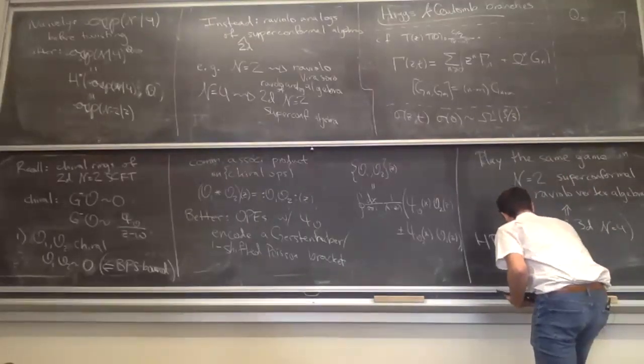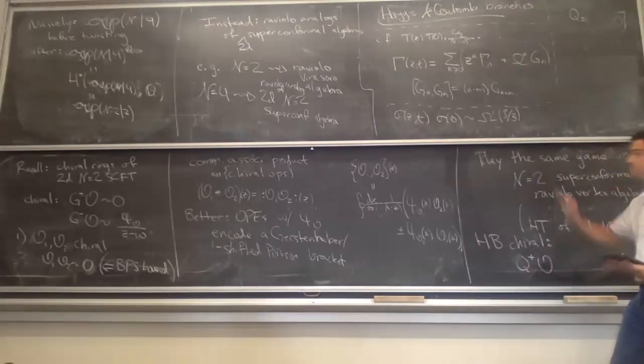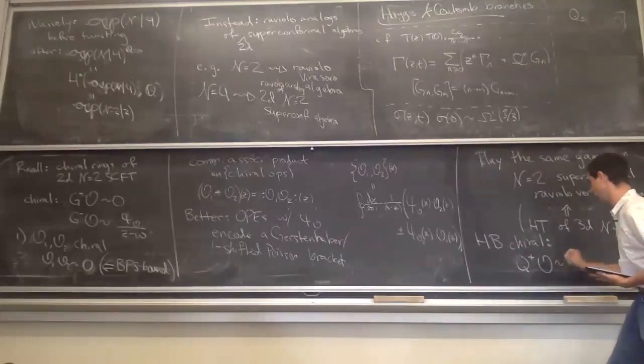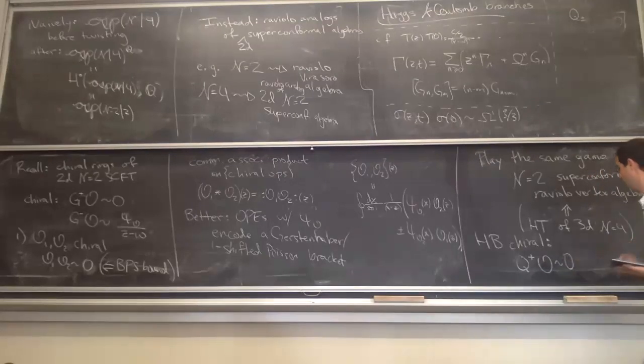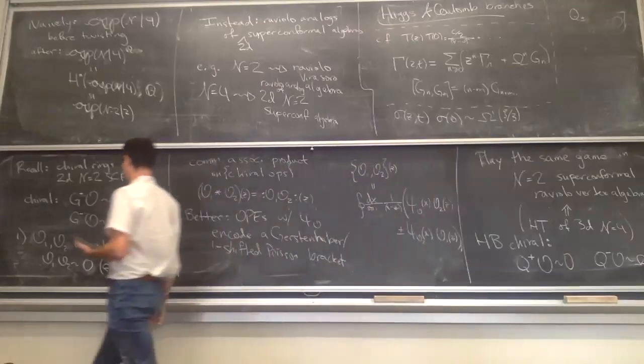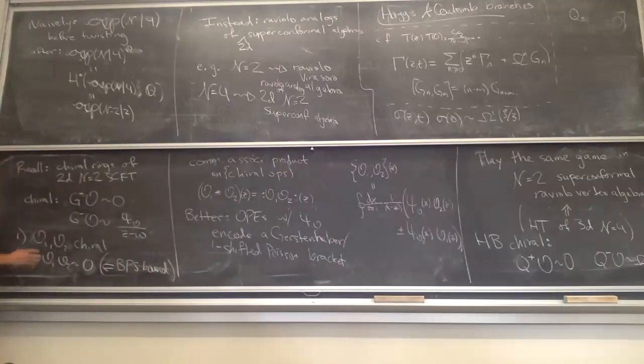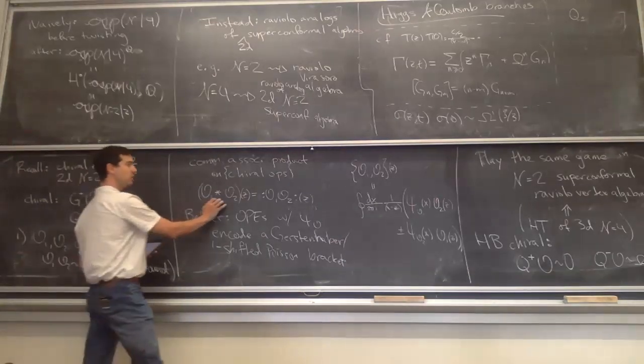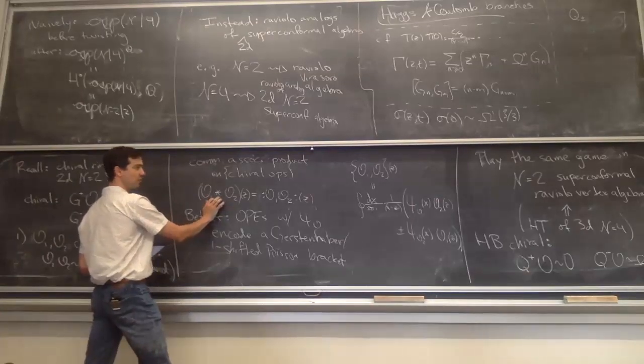They satisfy this constraint where the OPE, this sort of higher OPE that we've been talking about with Q plus, is 0, and the higher OPE with Q minus has a first order pole, i.e. omega 0, with an operator I call psi O. And then playing the same sort of games, you find that for two chiral operators, their higher OPE is necessarily non-singular. And you can define a commutative associative product via this normal ordered product we've been using.